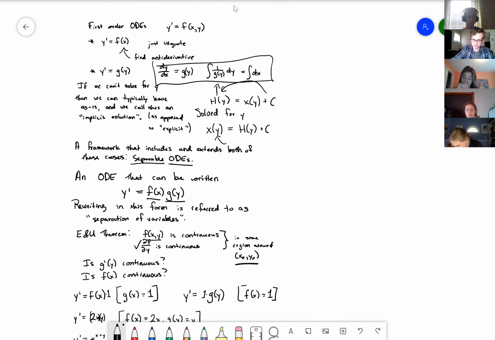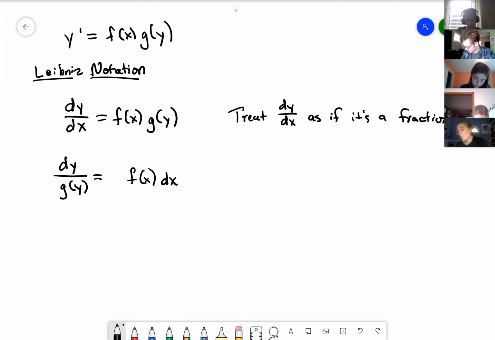So we rewrite this thing as dividing the g of y over to the other side and multiplying the dx over to the other side, treating them just like they're ordinary real numbers, which they are not. They definitely are not, but we're going to treat them like they are anyway.